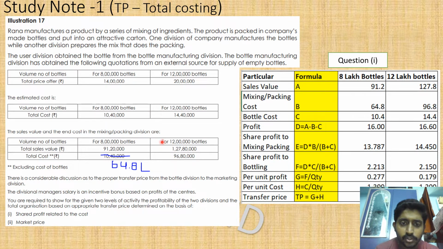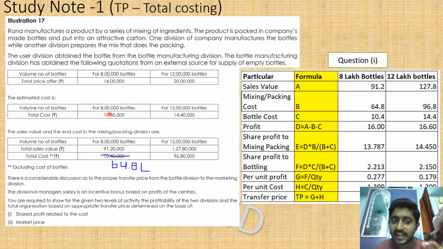Going for 12 lakh bottles, the total cost is 96.8 lakhs. So for the mixing and packing, the end item sales value is given, and at the same time the total cost is also given, which means the sum total of the P&L cost, everything is given, excluding the cost of bottles. The cost given here does not include the cost of bottles, which we discussed earlier.